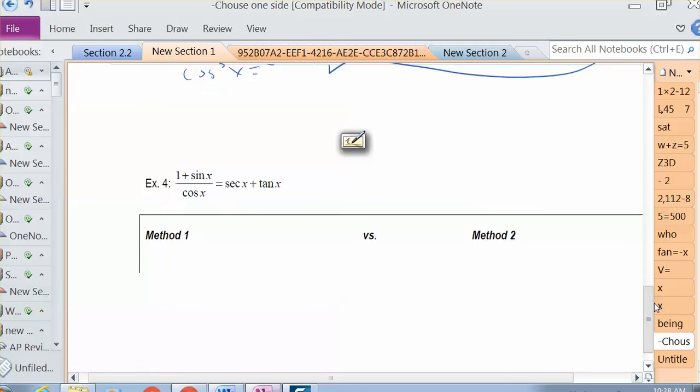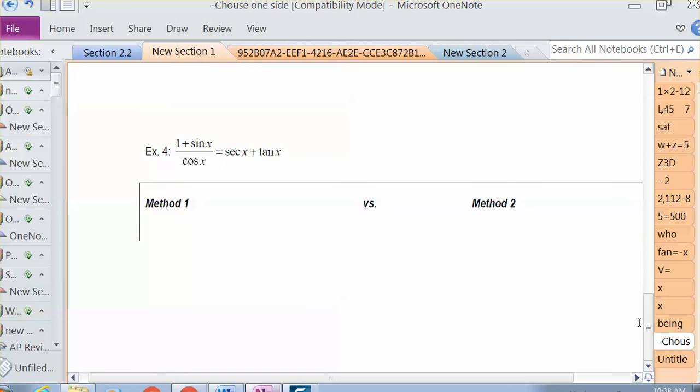And then lastly, example 4, before I do the second part of the video. It's not quite clear which side is more complex. So here's what we're going to do.